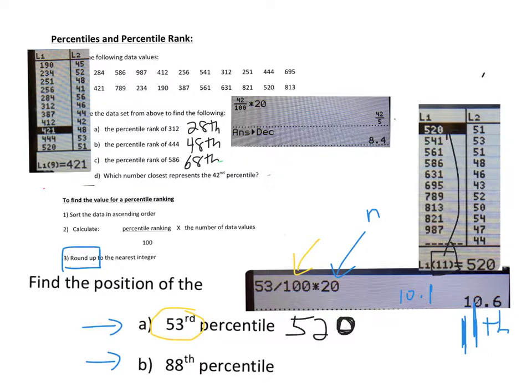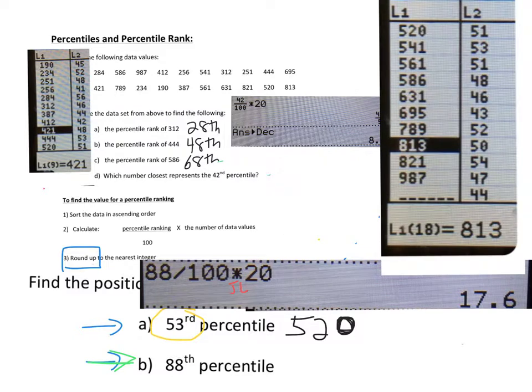Take a photo of your calculator's list giving you this answer of 520, and then try to find the data value that's in the 88th percentile. 88 divided by 100 times 20, that gives you 17.6.